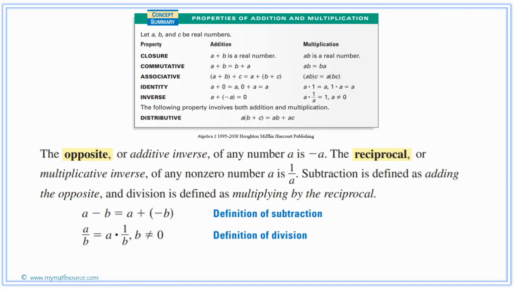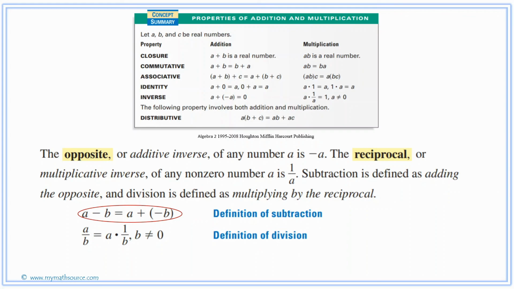Now, sometimes we can use this concept to manipulate things. And the biggest one that you want to see here is A subtract B. We can also rewrite that as A plus negative B. Similarly, at the bottom, the fraction A over B can be rewritten by pulling out the numerator as a separate number and then multiplying it by the fraction 1 over B. Remember, any number can be rewritten as a fraction as that number over 1.